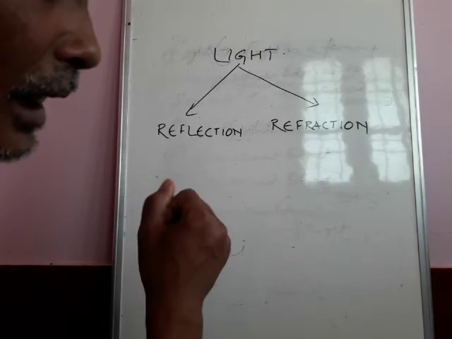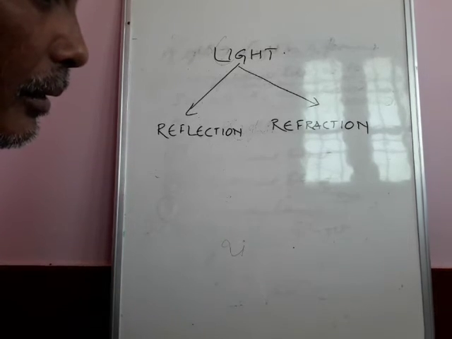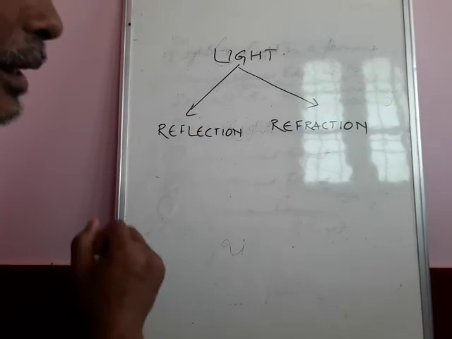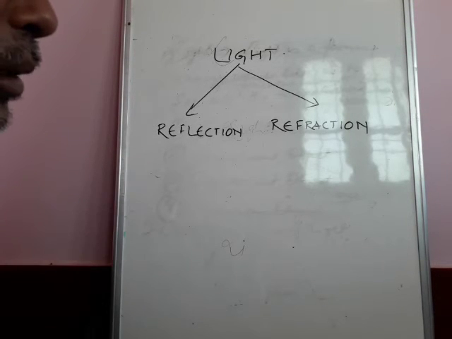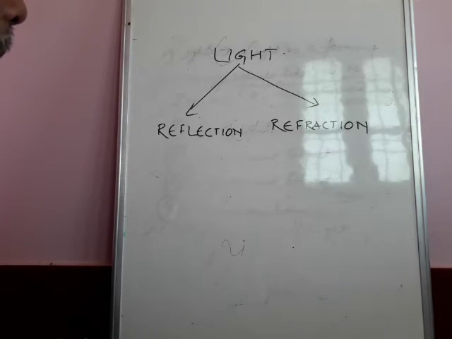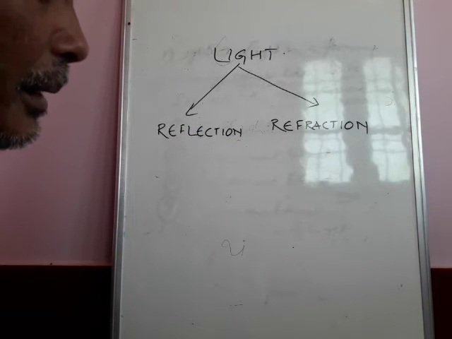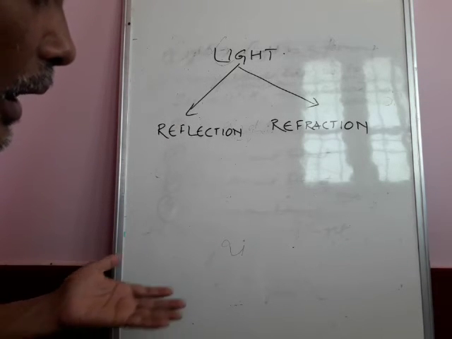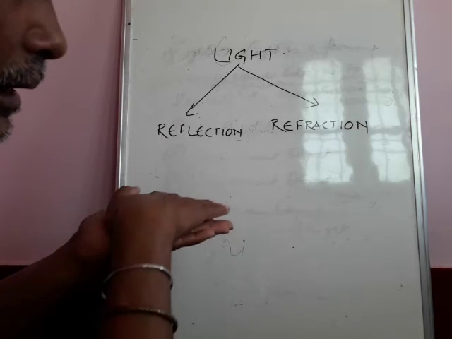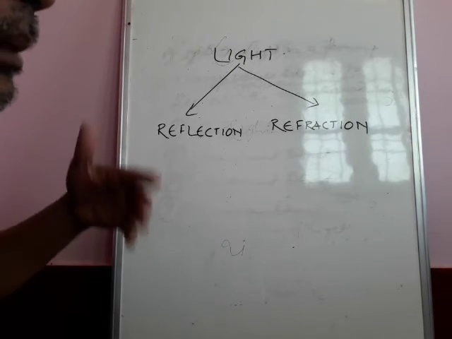Now in case of light, when it falls on an opaque object, what happens? As it cannot pass through it, it will bounce back into the same medium. And that phenomenon is known as reflection. And refraction means the bending of light rays when they pass through a translucent or a transparent object from one medium to another.